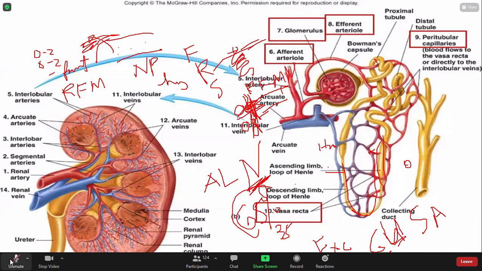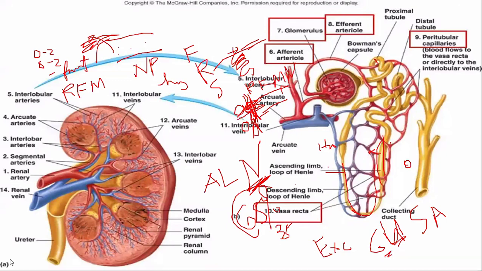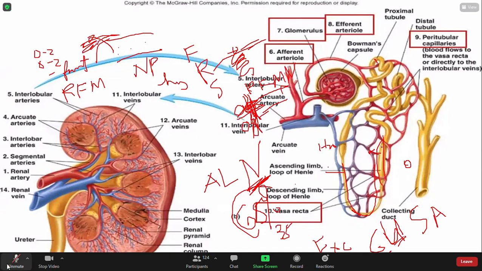Going there to the distal convoluted tubule. Now in the distal convoluted tubule, water and sodium still have to be reabsorbed, right? Because some will still be able to go up.